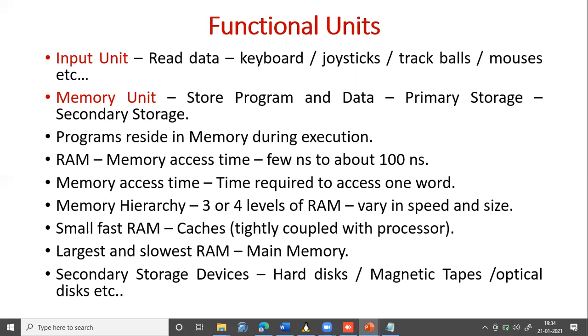The moment the power is removed, the content will be lost. Secondary storages are non-volatile in nature; they retain the content whether the power is there or not. And when a program is being executed, the program will be stored in the memory during the execution.